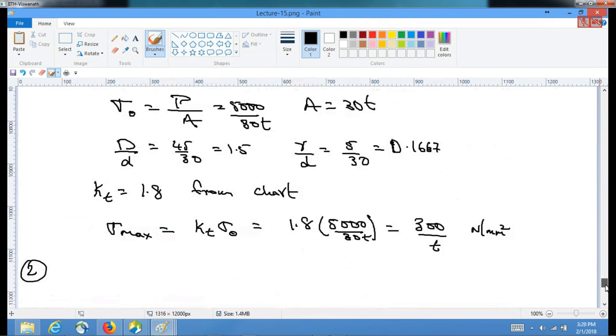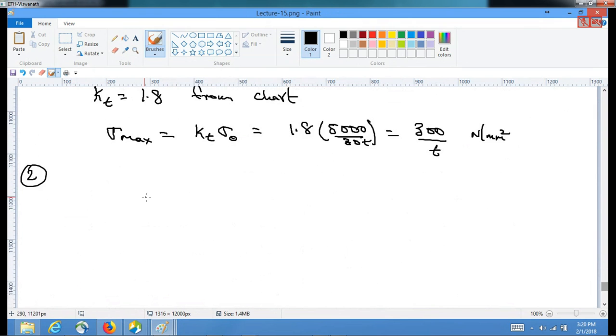So for that we know that sigma naught is equal to P divided by the total width W minus the diameter of the hole d, times the thickness, because this gives you the effective width.